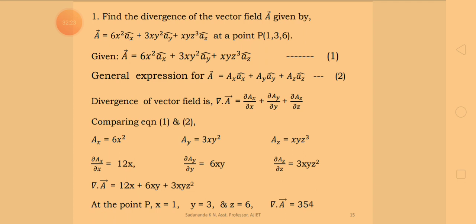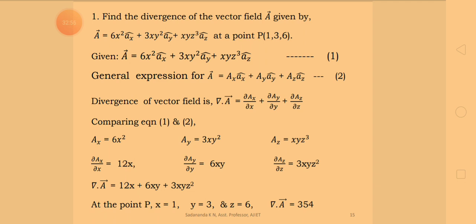Now the divergence of the vector field is given as del dot vector A is equal to dou by dou x of Ax plus dou by dou y of Ay plus dou by dou z of Az. Now you can compare equation number 1 and 2. Already I have called the given expression equation number 1 and the general form equation number 2. Comparing these two, you can write Ax, that is the x component, as 6x square, Ay, the y component, as 3xy square, and the z component Az as xyz cube.